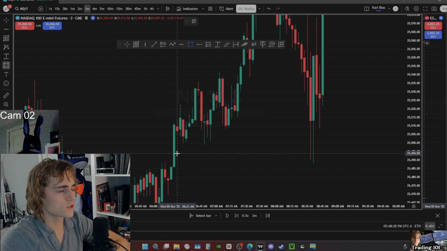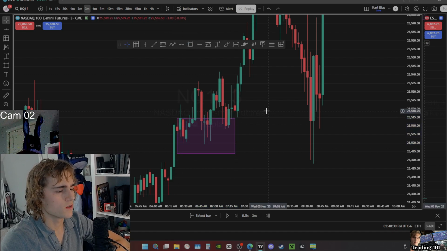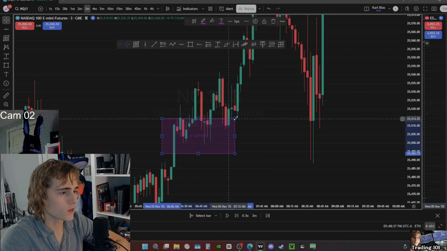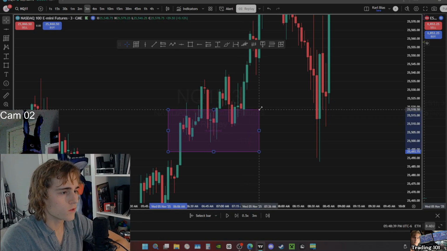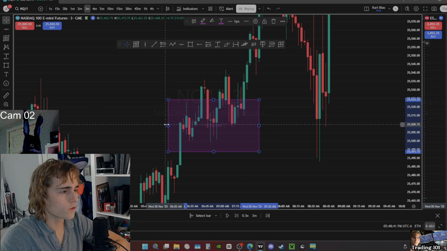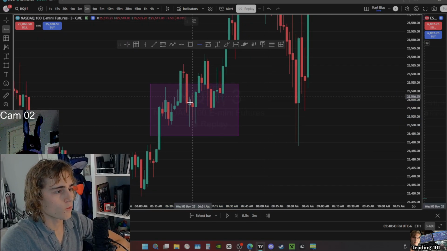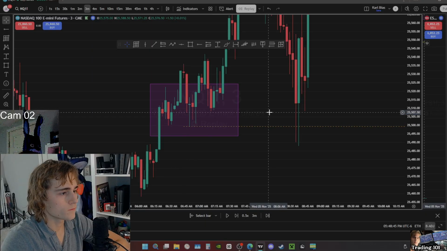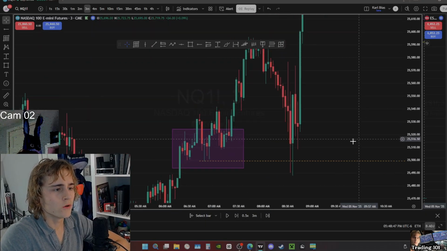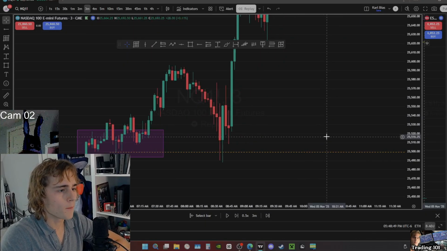Out of all of these small points, where is the lowest point in this area, right? In this area, where is the lowest point? Right here. What did price do? It grabbed those points, moved up.